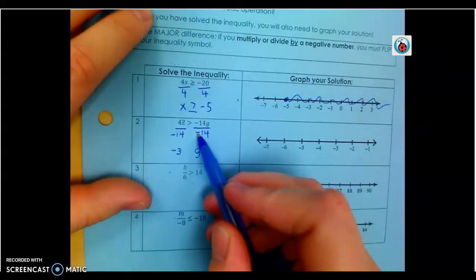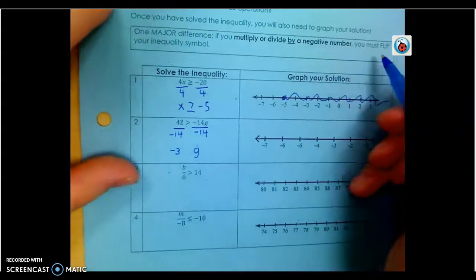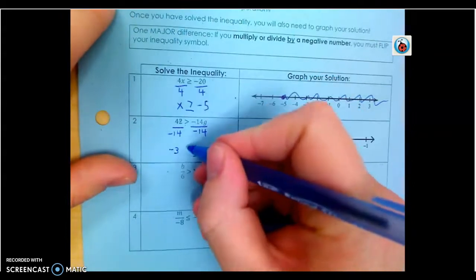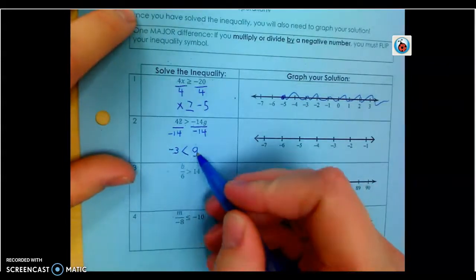Notice this time we divided by -14. So we're dividing by a negative, so we must flip the inequality symbol. Instead of greater than, it's going to be a less than. So -3 is less than g.